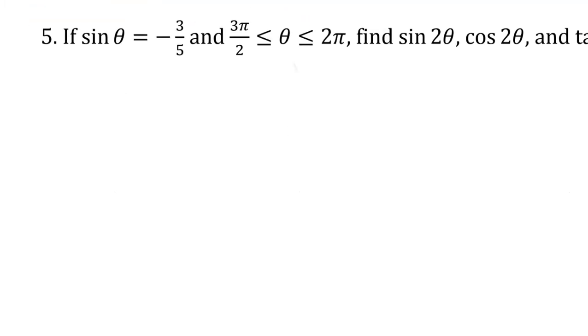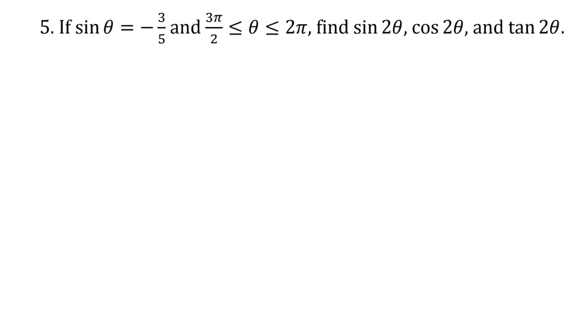All right. Couple more questions from Unit 5. This is one of those SOH-CAH-TOA questions. It's giving us some information by telling us the value of sine theta and telling us what quadrant we're in.